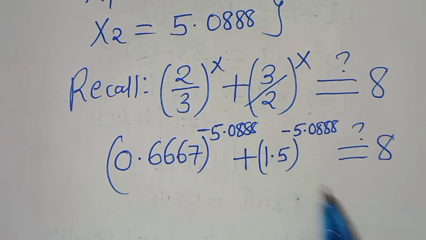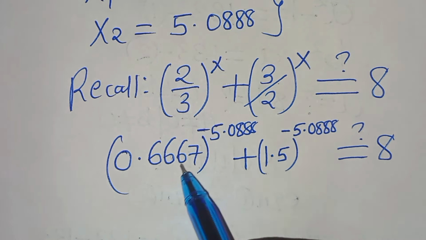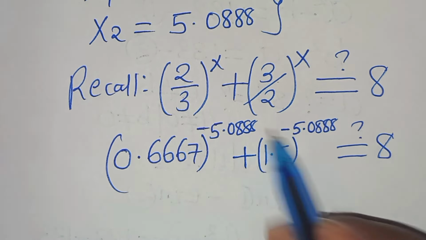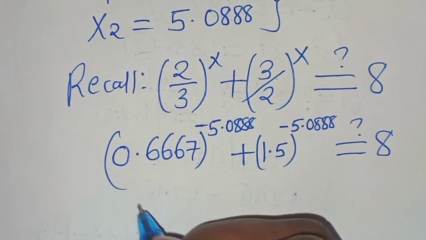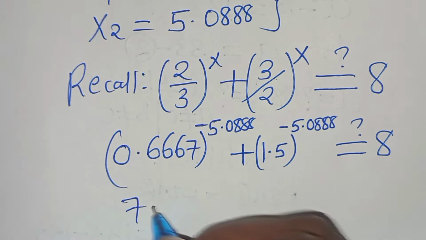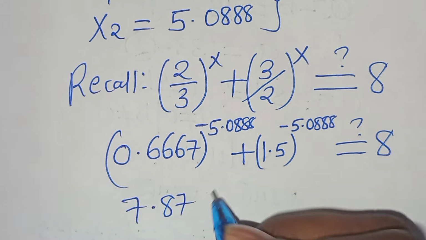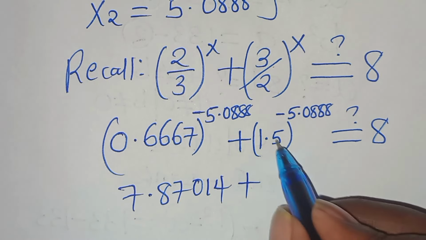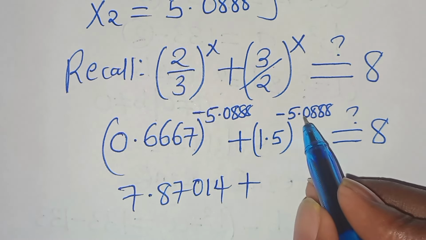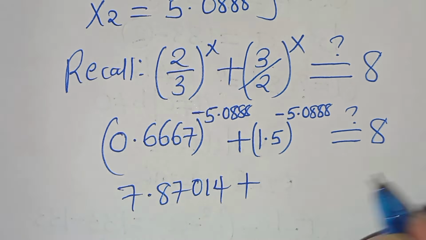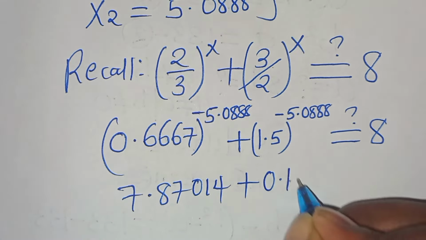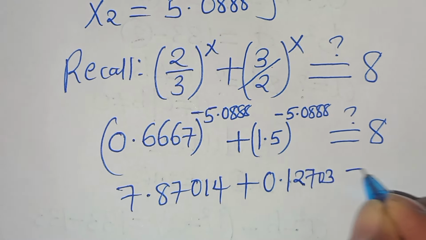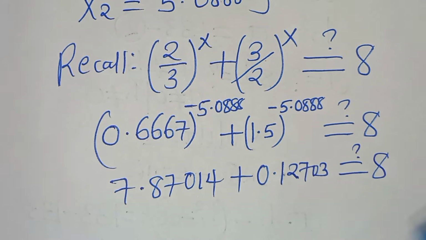Now, 0.6667 raised to the power of minus 5.0888 is the same thing as 7.87014, then plus 1.5 raised to the power of minus 5.0888, which is the same thing as 0.12703. This is supposed to be equal to 8.